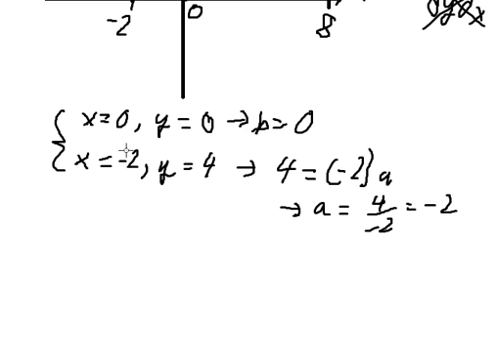Now we do similar for this one. Now we just change negative 2 into 8. So this one we change for 8. So 4 divided by 8, you will get 1 over 2.